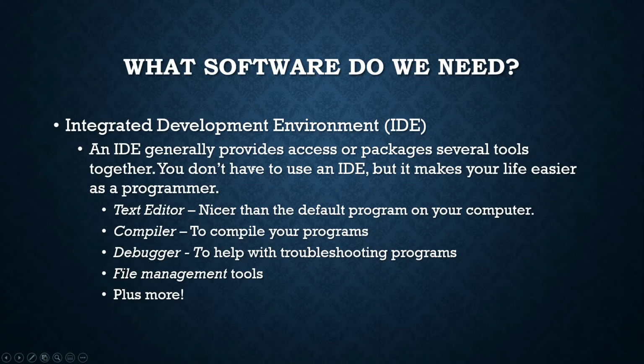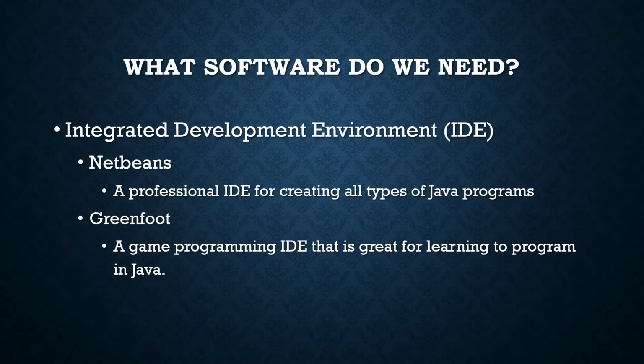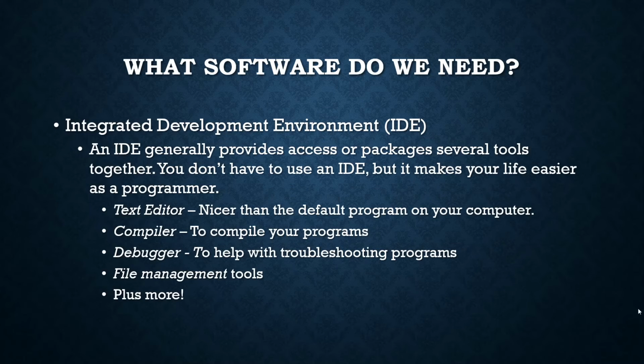So what does an IDE include? It can include a text editor, nicer than running Notepad off of your PC. It usually has some kind of syntax checking. It checks our words. It's kind of like a spell check, except for programmers.